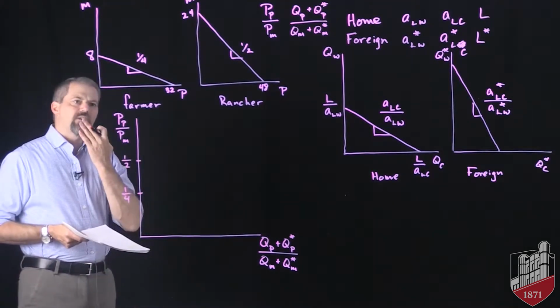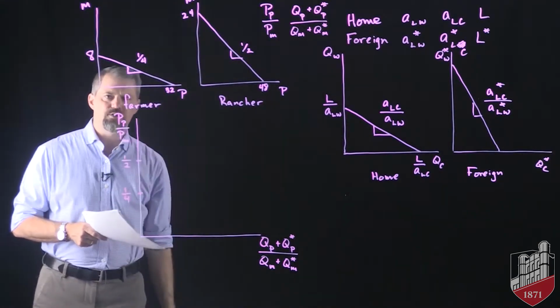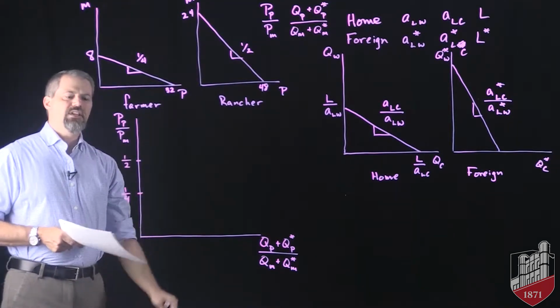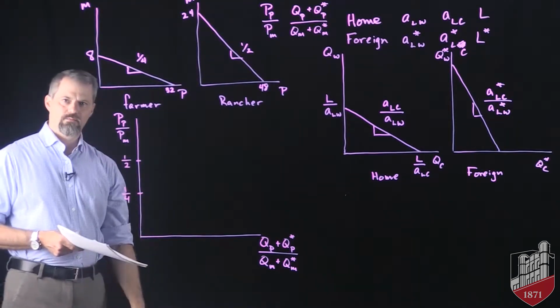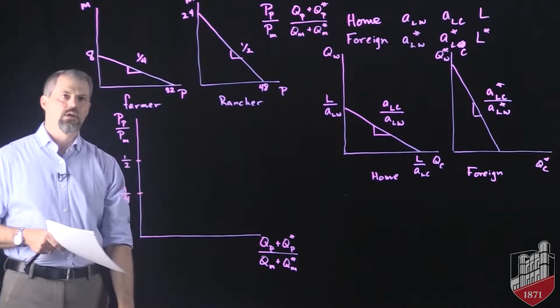So if we think about the world, and by world I mean between our farmer and our rancher, if we think about a relative price of potatoes that is lower than 1/4.